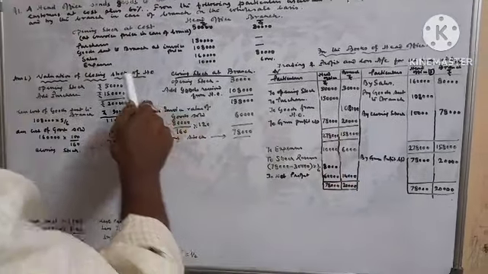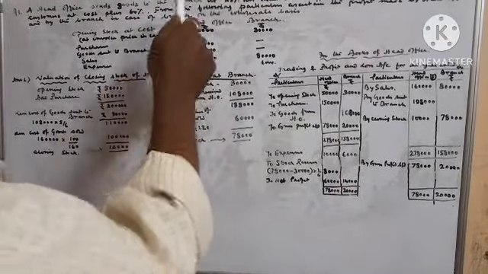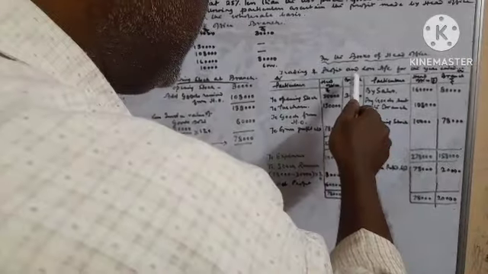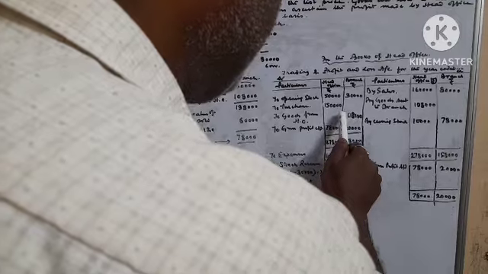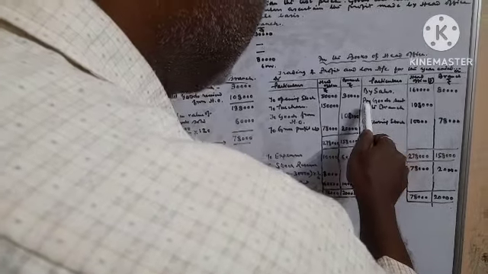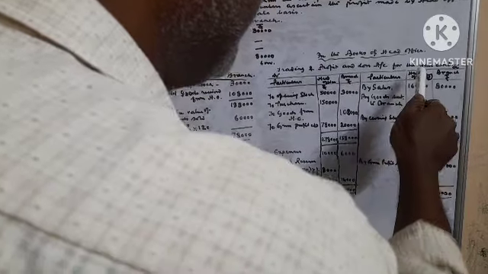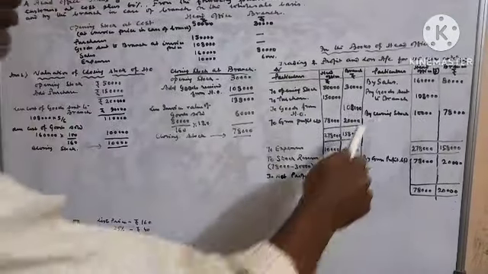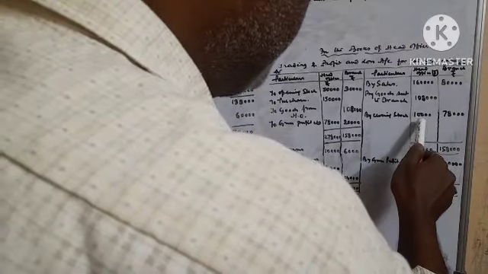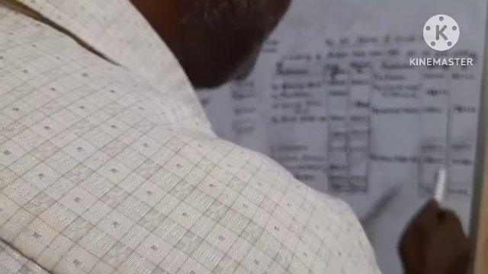Goods sent to branch at invoice price 1,08,000, so to goods from HO in branch column it will be 1,08,000. On the credit side we write by goods sent to branch 1,08,000 in head office column. By sales 1,60,000 by head office, 80,000 by branch. By closing stock 10,000 by head office, 78,000 by branch.